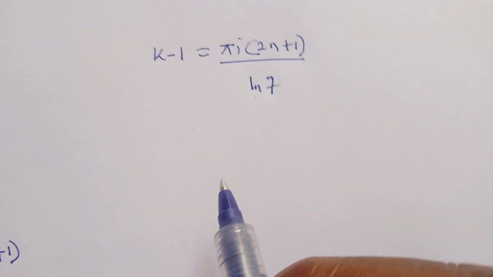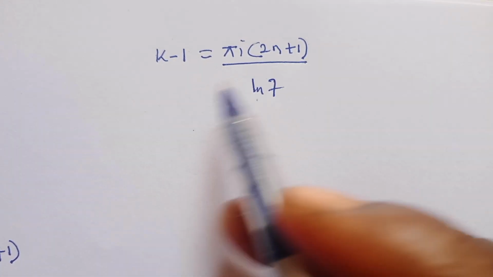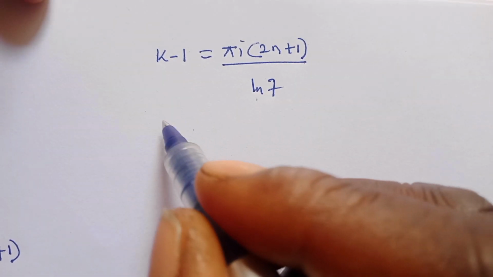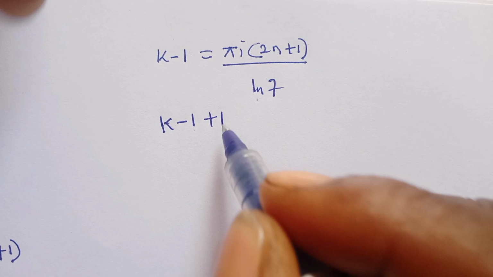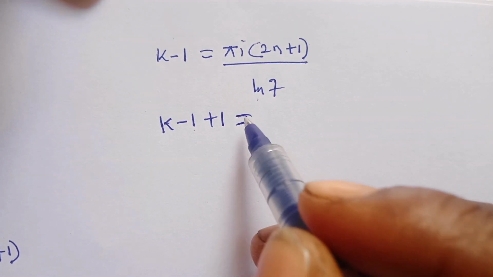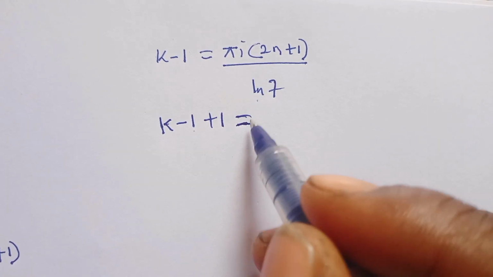Now the next thing that I want us to do is remove this minus 1. Therefore we can easily add 1 to both sides, because in mathematics whatever you do to your left hand side, you must do to the right hand side as well in order to maintain balance.